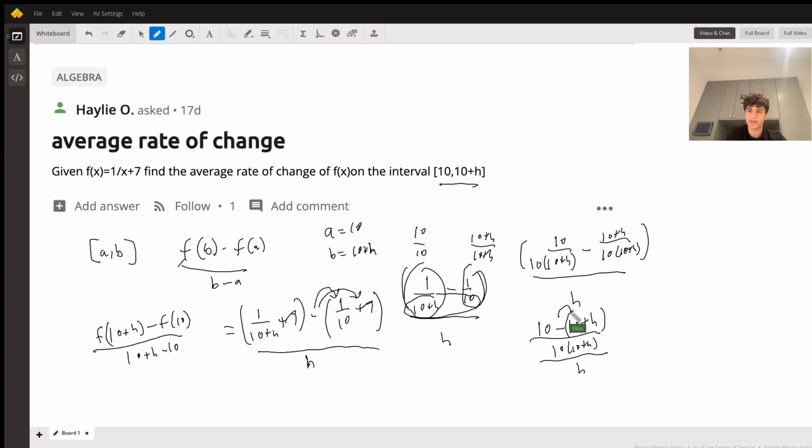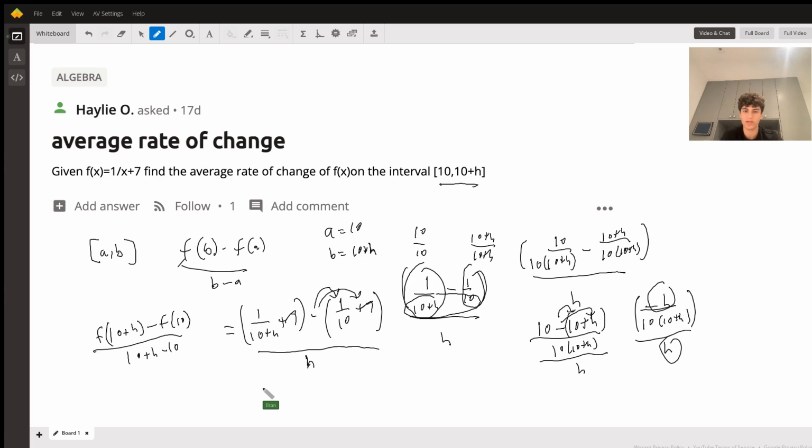And so again, this negative has to be distributed to both terms, which is going to give us 10 minus 10 minus h. So negative h over 10 times 10 plus h, all over h. And then this h right here and this h right here are going to cancel and leave a negative 1.